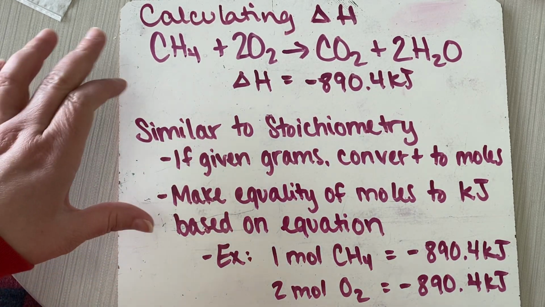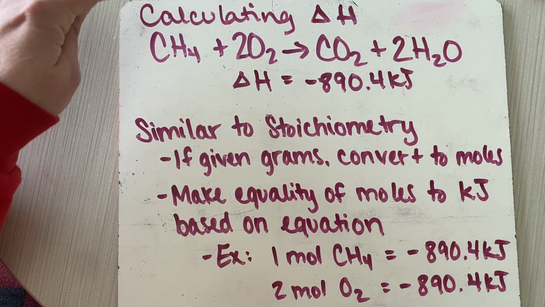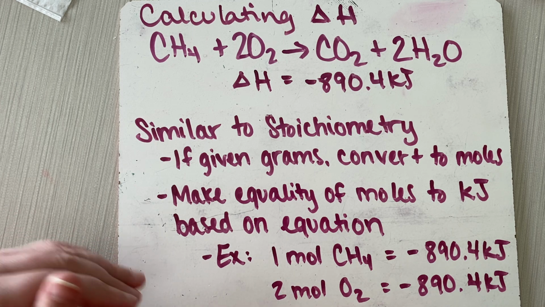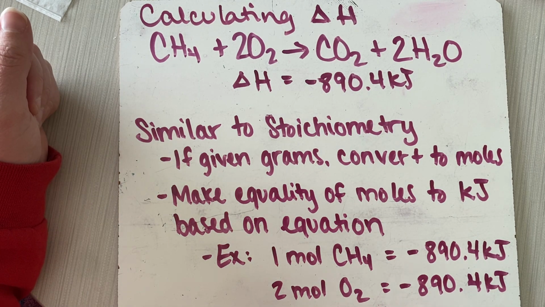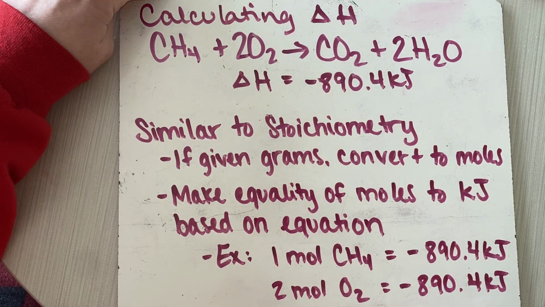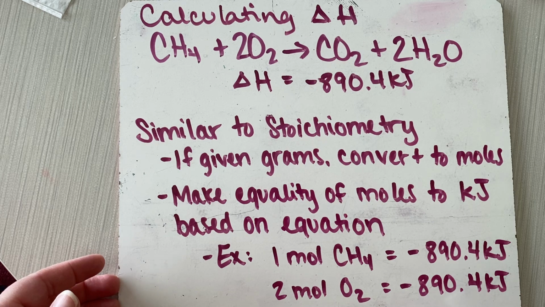Okay, so we will have to do some molar mass if we're given grams, but I'm going to go through the first problems with you. If you want to put them in your notes instead of on the worksheet, completely up to you. I'm going to use the worksheet that you have to do the examples.